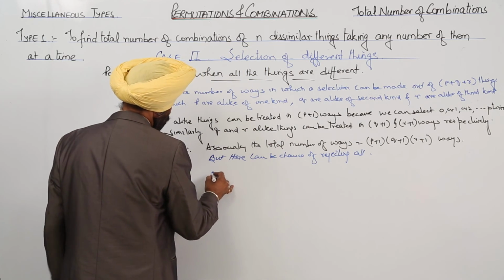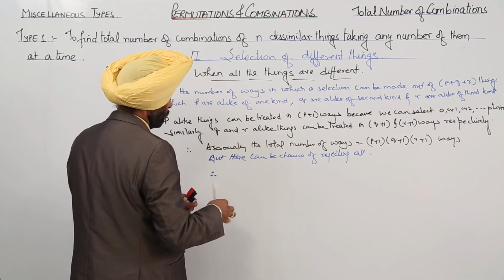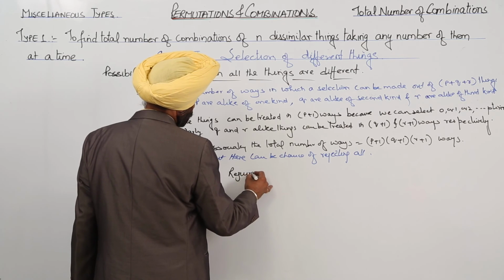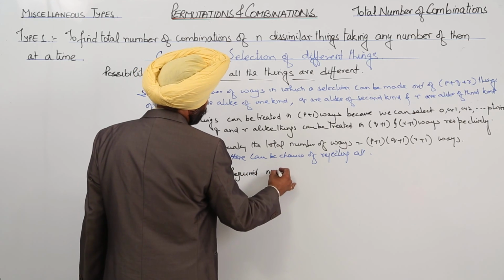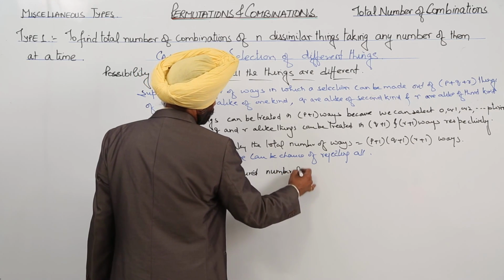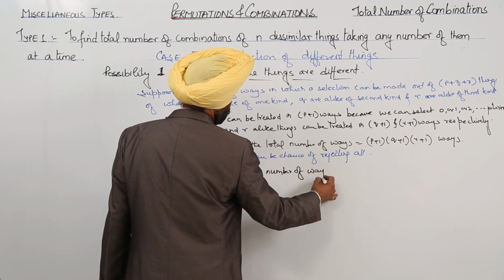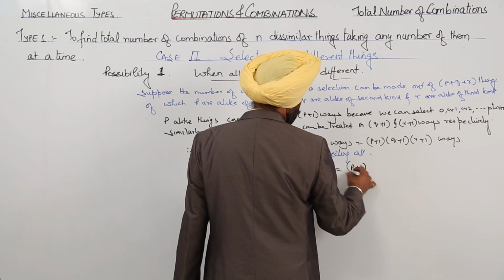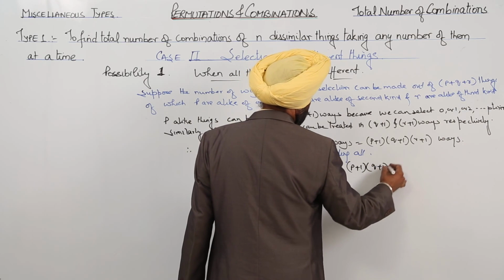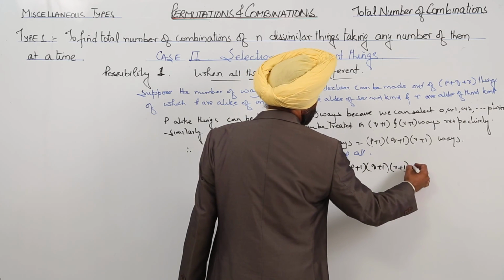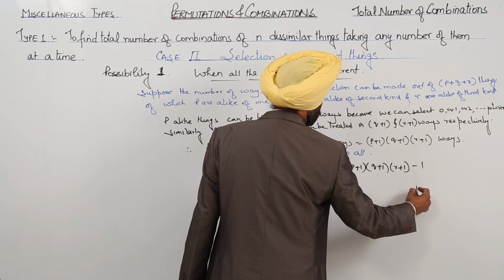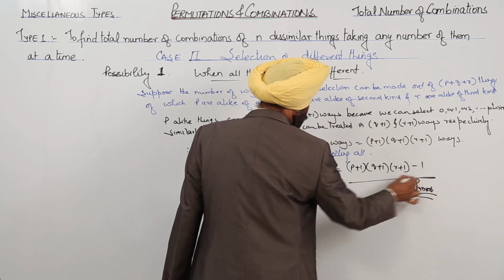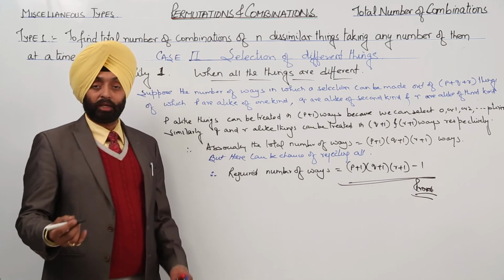Therefore the required number of ways is equal to P plus 1, Q plus 1, R plus 1 minus 1. Okay, so this is the proved part. We have to use this formula in such types of questions.